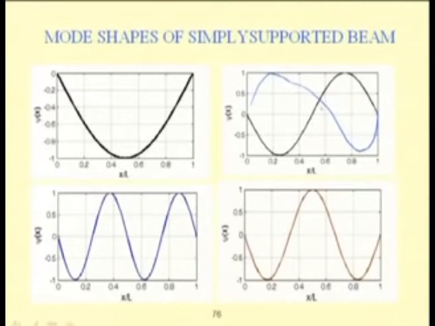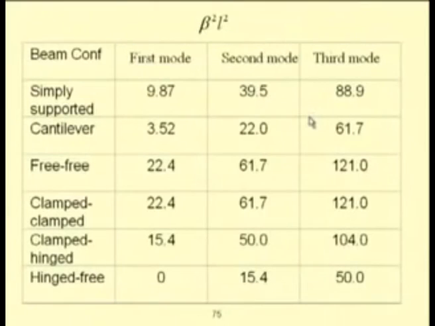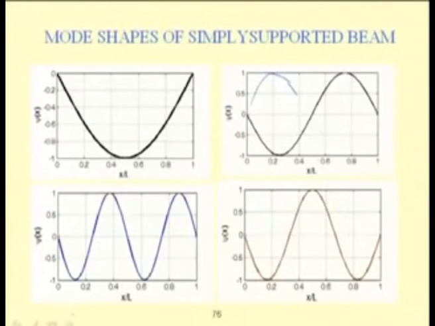Here one can observe a single node, observed at the middle point. Similarly, the number of nodes goes on increasing with the increase in the modes of the system. So, this is for the simply supported beam.